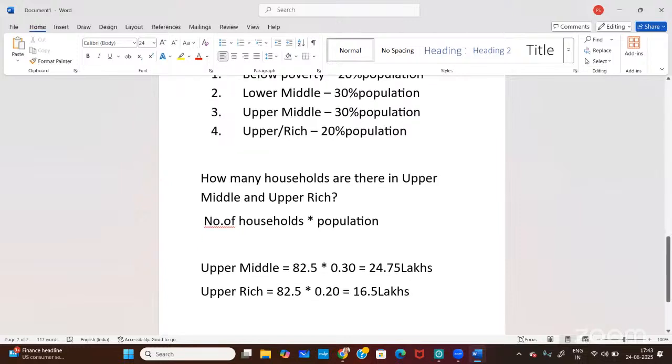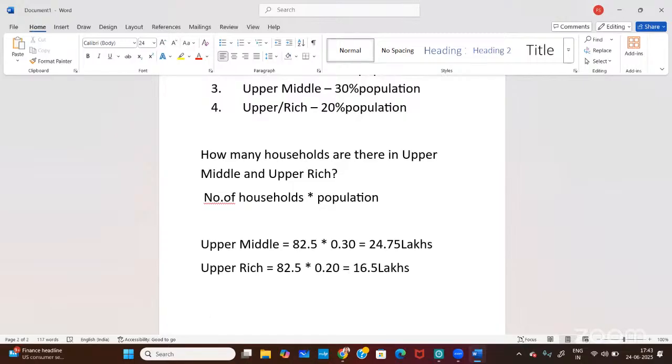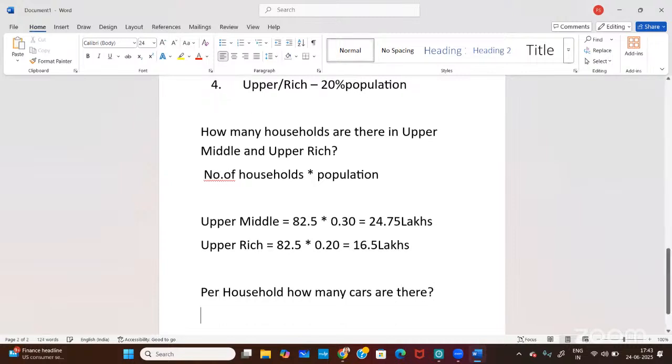Now we have found the household population of upper middle and upper rich. Now we need to calculate per household how many cars are there. So how do we calculate this particular question?